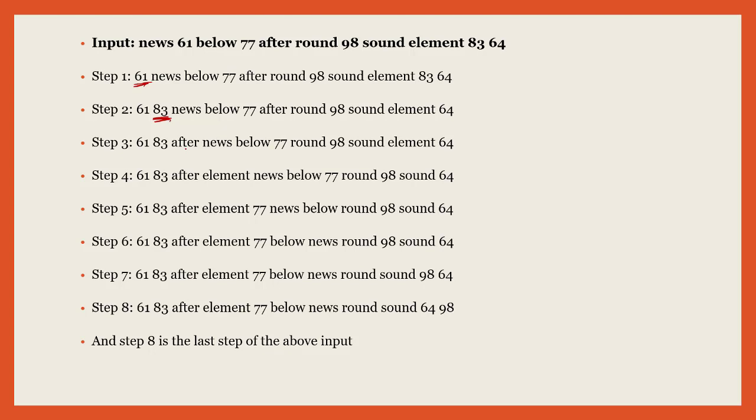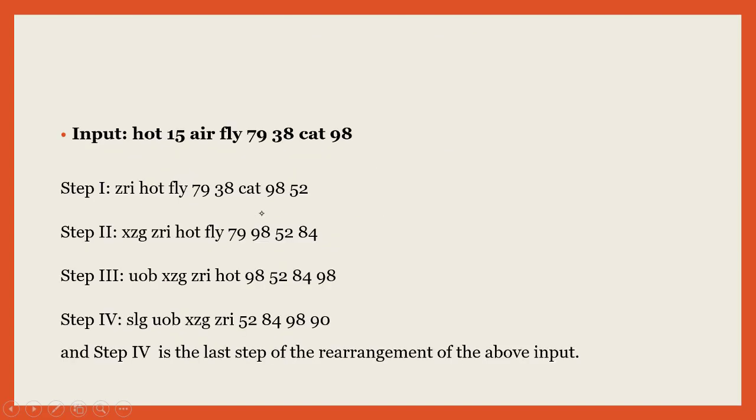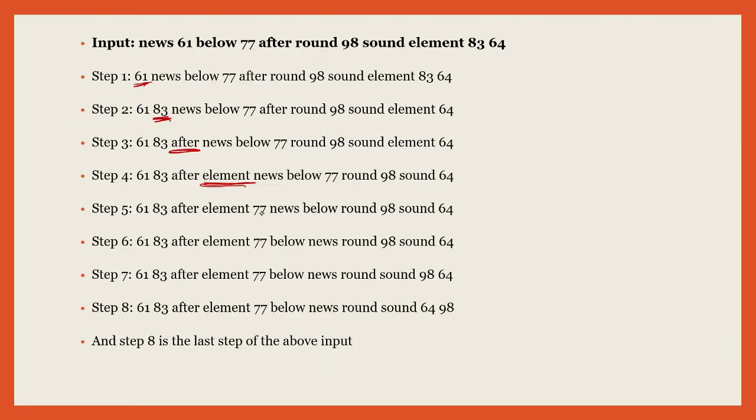In step 3, after has come to the leftmost side. In step 4, we can see element coming into the front. Then in step 5, we can see 77 has been brought to the left hand side.